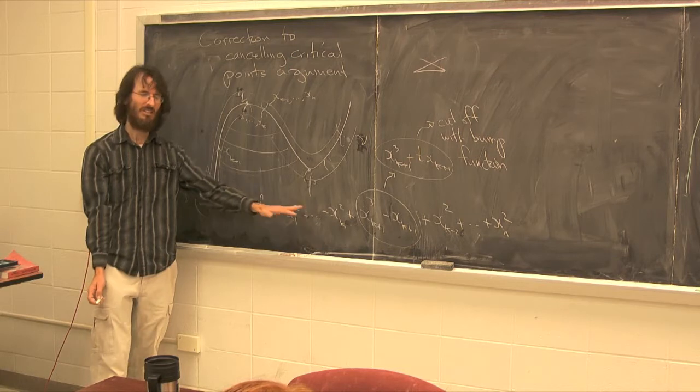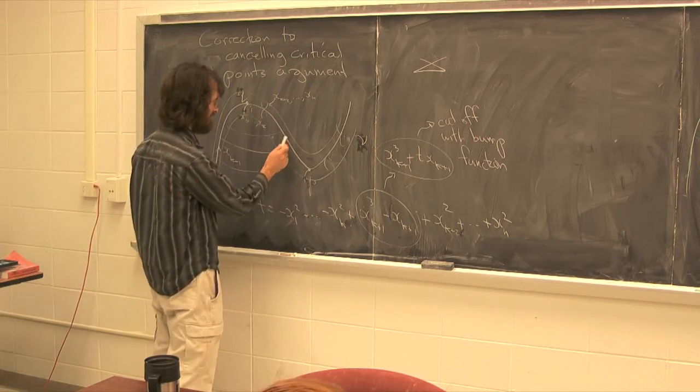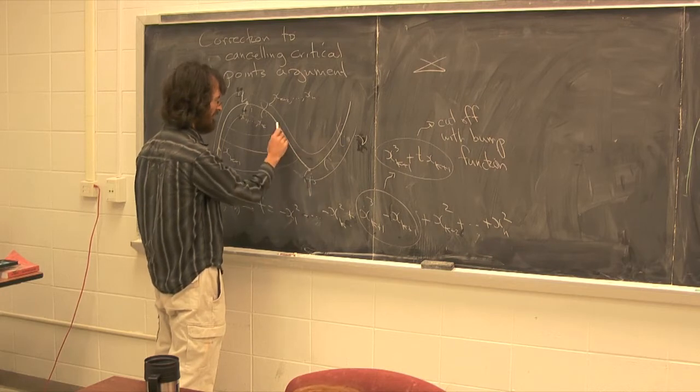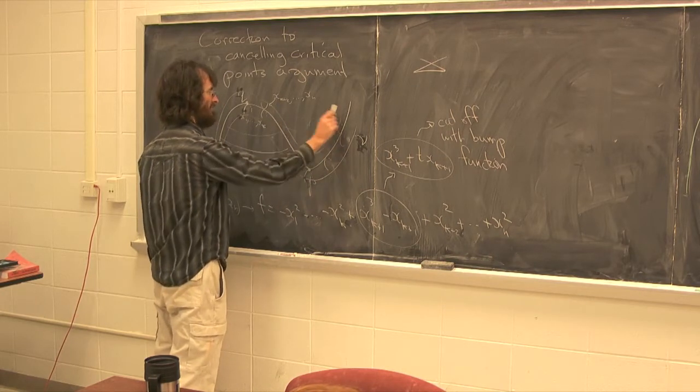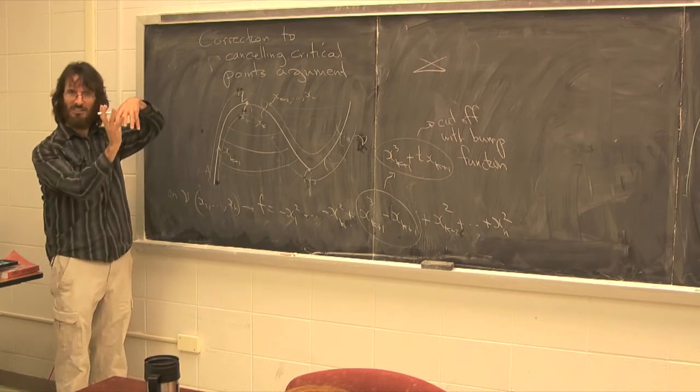I think the best way to do it is to take the fact that you know exactly how both the descending manifold and the ascending manifold for P and Q intersect, right?